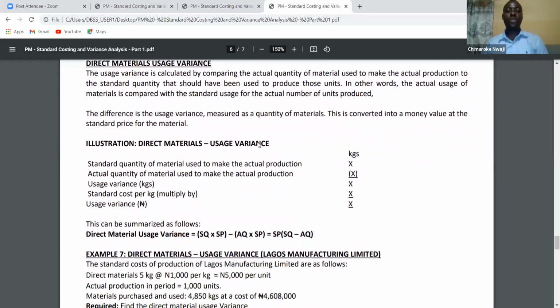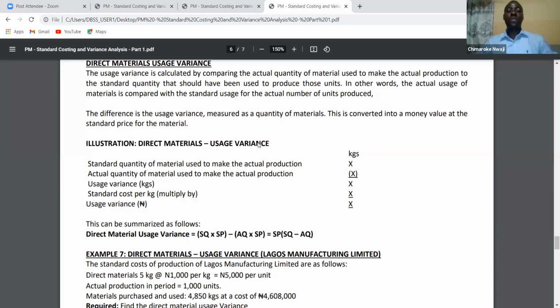Look at the way we do it. You bring the standard quantity that would have been used for actual production, and you compare it with the actual quantity that was eventually used. You find the difference in quantity. You then multiply it by the standard cost of one unit.